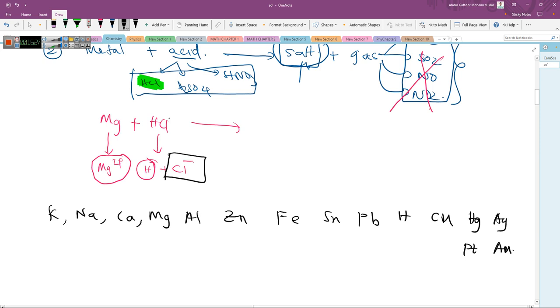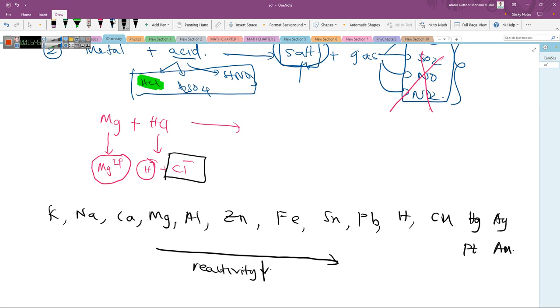You can use a mnemonic, or if you remember it you can just write it, and in this direction, from left to right, the reactivity of these metals will reduce. Now you see here in the reaction chamber we have magnesium 2+ and H+. So magnesium is more reactive than the H+ ion.